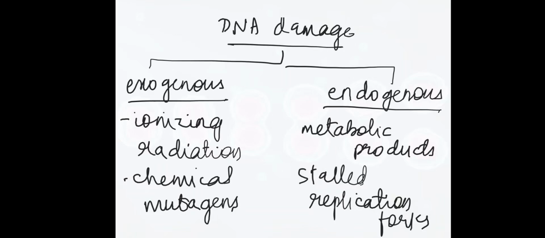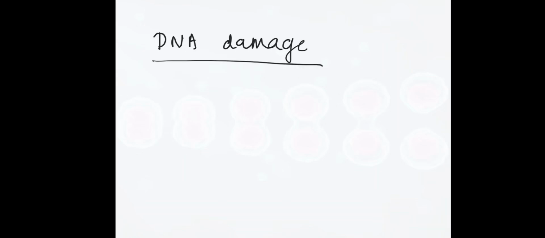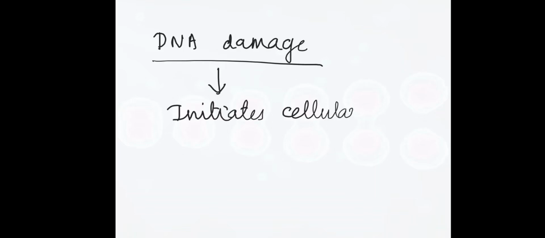In response to DNA damage, eukaryotic cells activate elaborate cellular networks. So if there is DNA damage, irrespective of the factors which have caused it, this will initiate an elaborate cellular response.